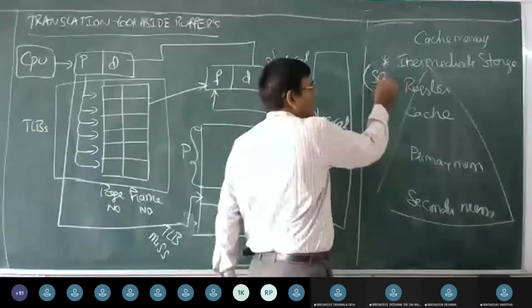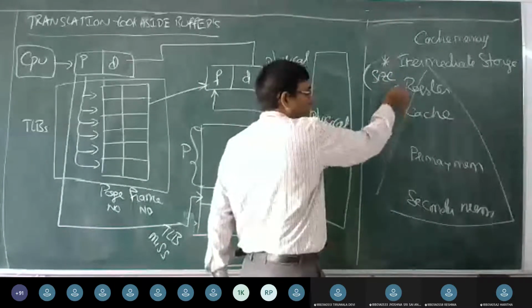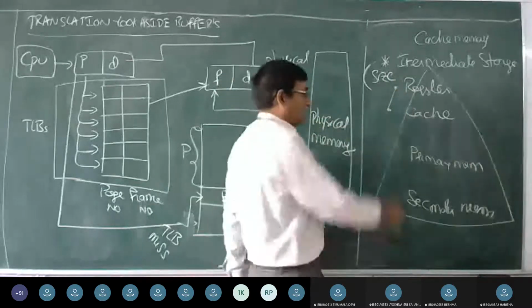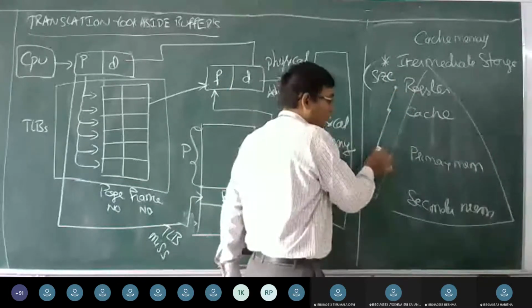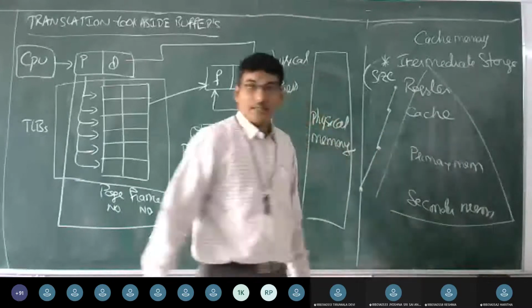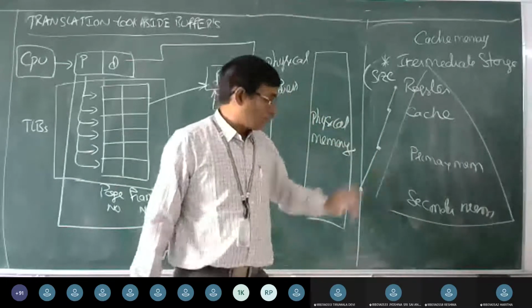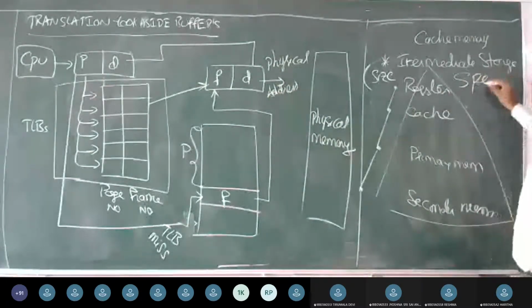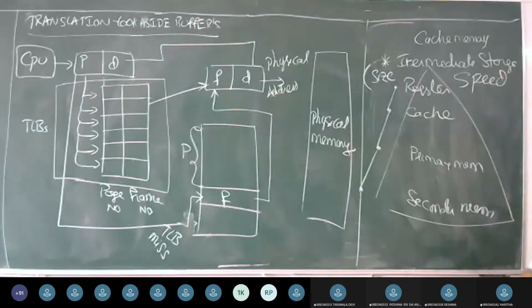As far as size is concerned, registers are small, cache memory is a little bigger, primary memory is a little bigger, and secondary memory is a little bigger still. As far as speed is concerned, secondary memory is a little slower than primary memory, which is a little slower than cache memory, and cache memory was slower than register access.